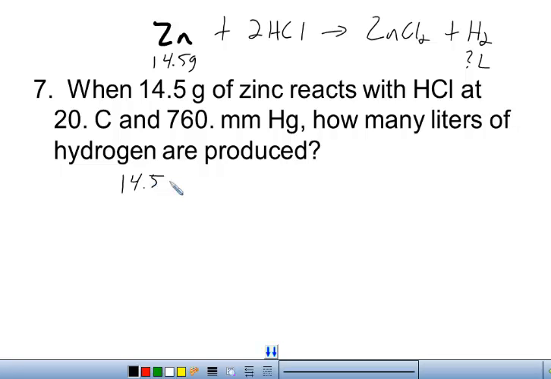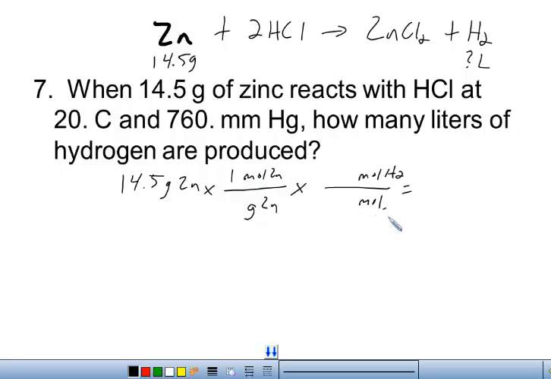So we're going to again solve for moles of a gas, but doing the stoichiometry first in this case because we don't have liters of gas. We don't have enough things in PV equals nRT to do that. So we're going to go ahead and solve for moles of the gas. In this case, the gas is hydrogen. We can only use the ideal gas law with gases. Here's grams of zinc. This is going to be 1 mole of zinc.